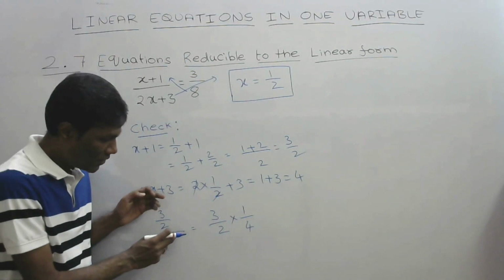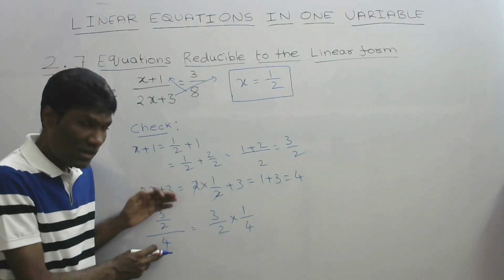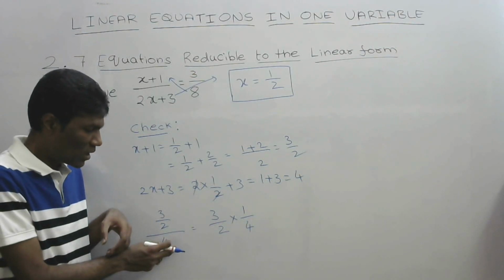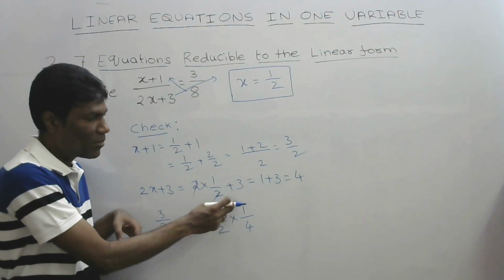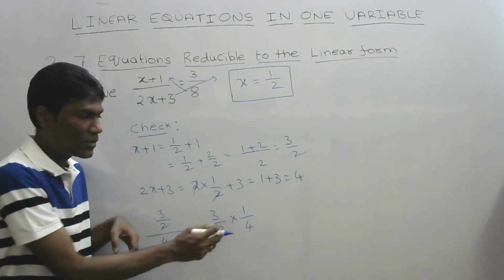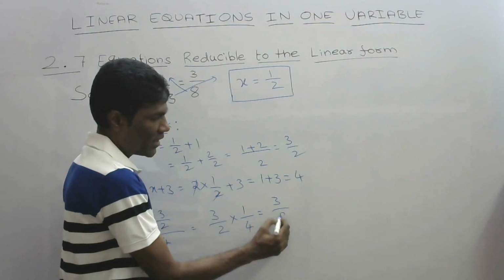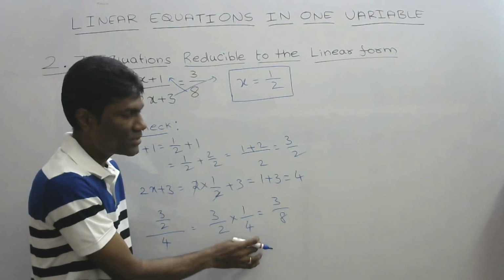Whenever we have divided by some number, instead of that we can take it as multiplied by the reciprocal of 4, that is 1 by 4. So we will be multiplying with 1 by 4. 3 into 1, 3, 2 4s are 8, that is 3 by 8. So our solution is correct.